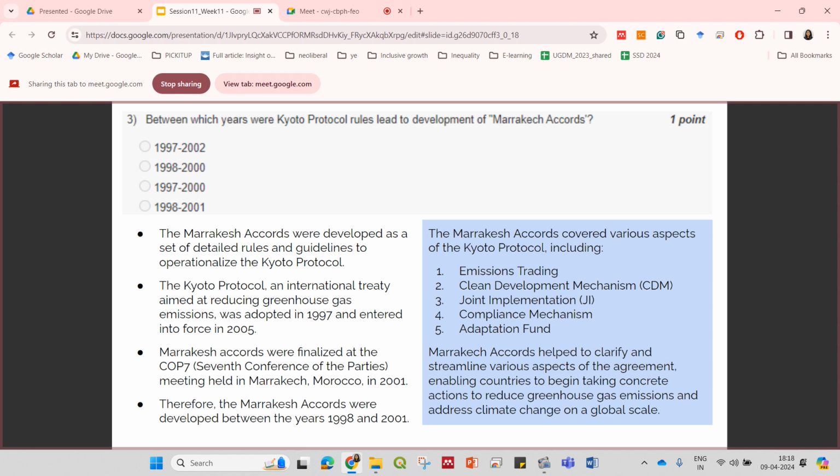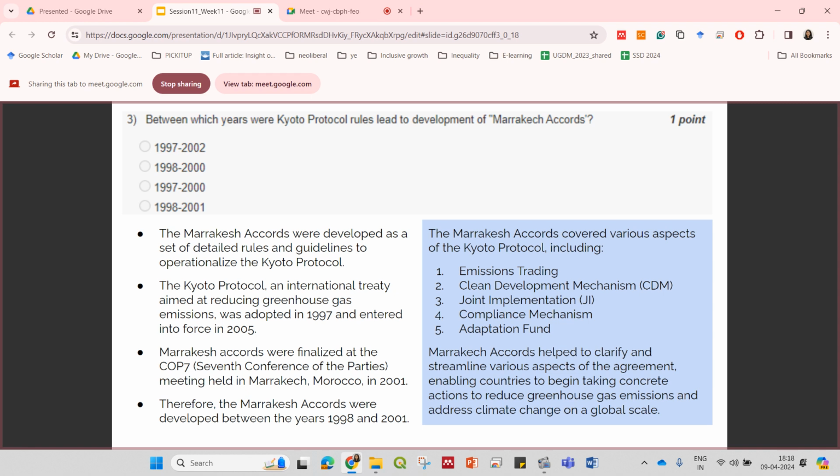So this again was criticized about the Copenhagen Accord, that while the Copenhagen Accord said that you need to install adaptation and mitigation measures, it didn't say how you can check if adaptation and mitigation measures are being installed, or if they're being taken care of. So the Marrakesh Accord provided a compliance mechanism, and using that mechanism you can check whether a particular country is complying with the protocol or not.